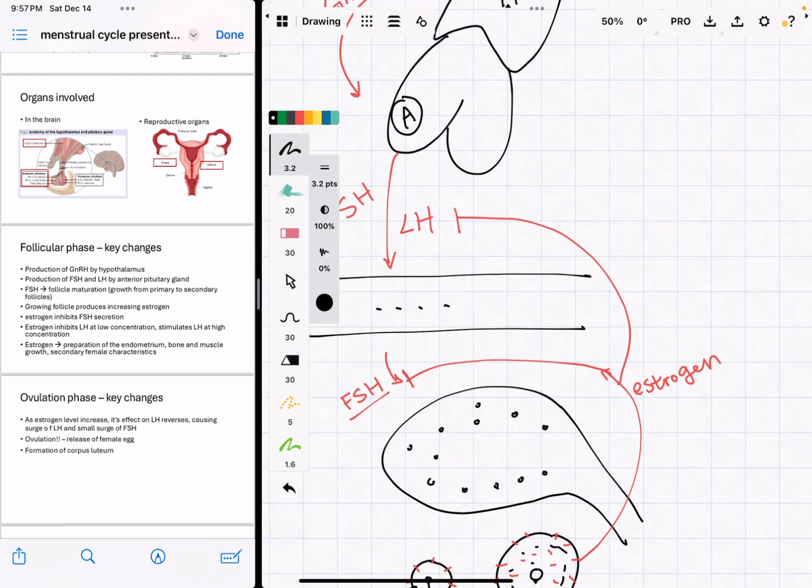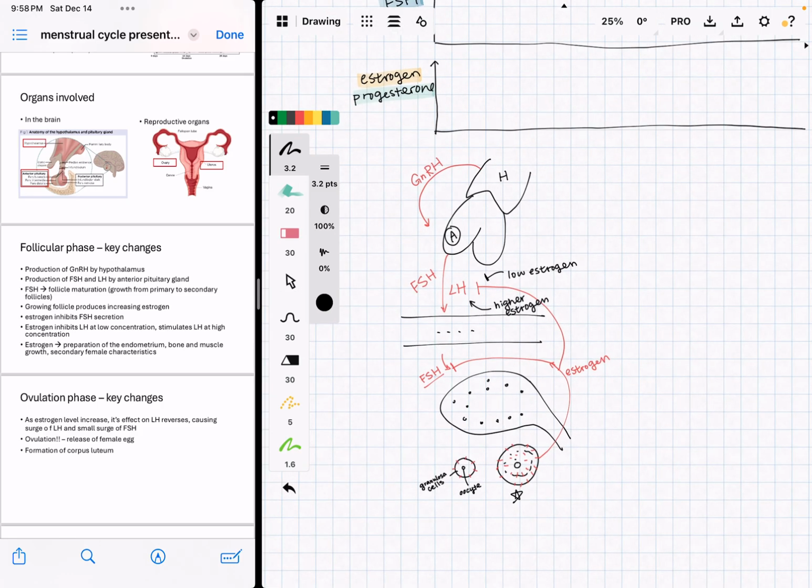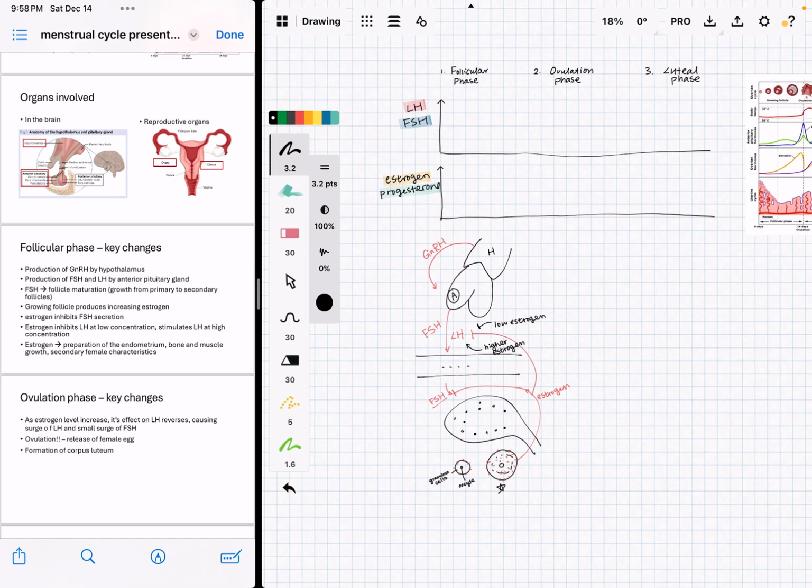So at low concentration of estrogen, it's going to have an inhibitory effect on LH. So it's going to keep LH at a relatively low level. However, at higher concentration of estrogen, its effect on LH is going to reverse. Therefore, it's going to stimulate the secretion of LH. Okay, so these are the main events that happen in follicular phase.